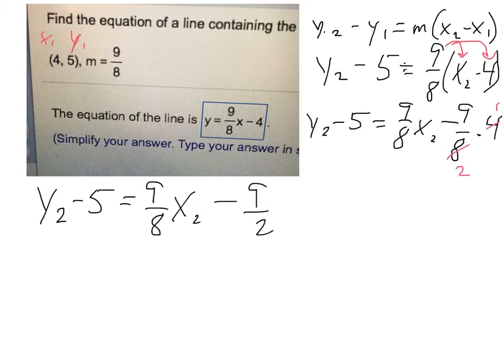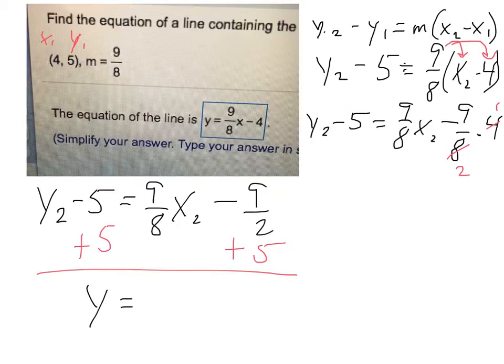Now for the next part we have to put 5 to this side of the equation, so we add 5 to both sides, and I'm going to just write y equals 9 over 8x.